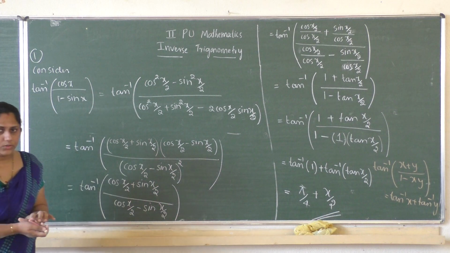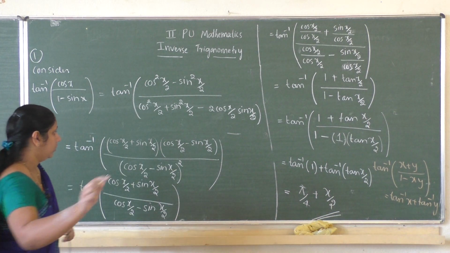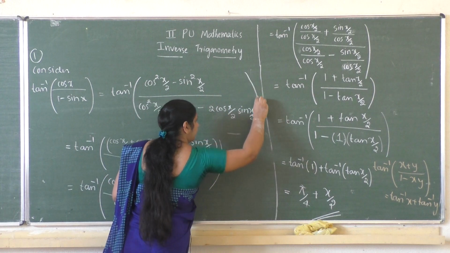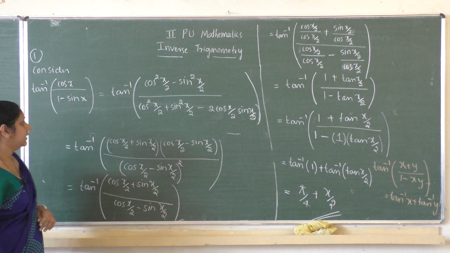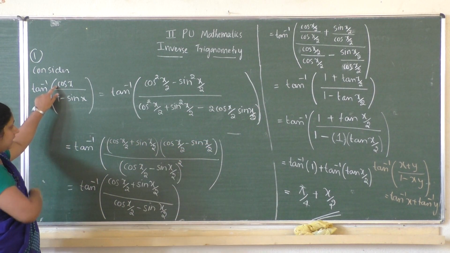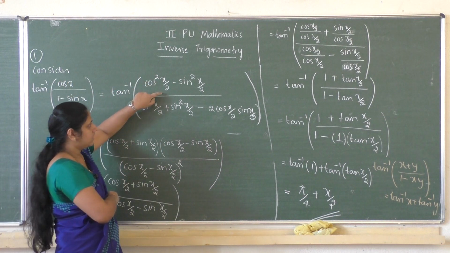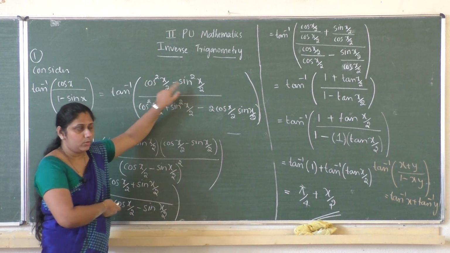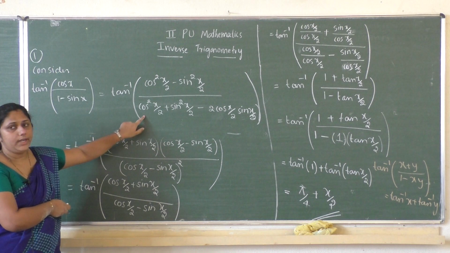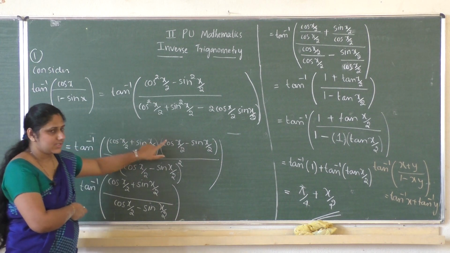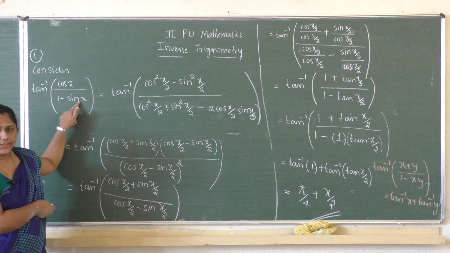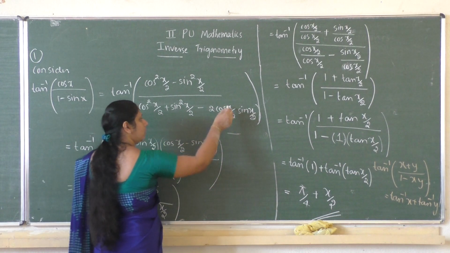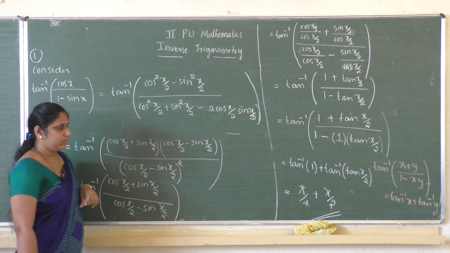So here you have to know some trigonometric formulas. In the place of cos x we have to write cos square x by 2 minus sin square x by 2. In the place of 1 we have to write cos square x by 2 plus sin square x by 2. In the place of sin x we have to write 2 cos x by 2 sin x by 2.